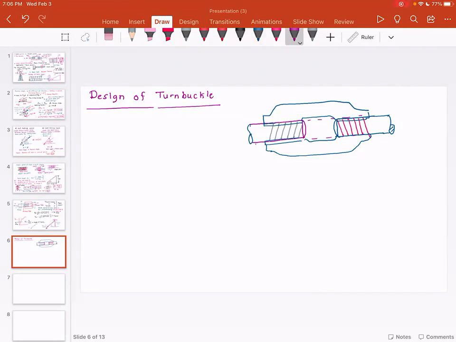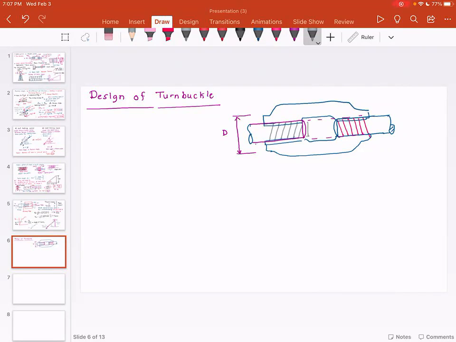So this diameter, and there are some variations. Depending upon the design, there are some variations possible. But what I'm going to do is give you a design recipe for a standard turnbuckle that can be slightly modified depending upon what we are trying to design.